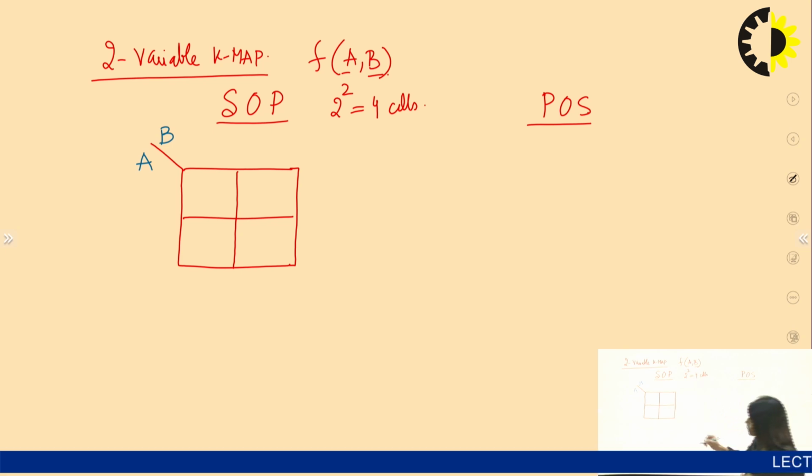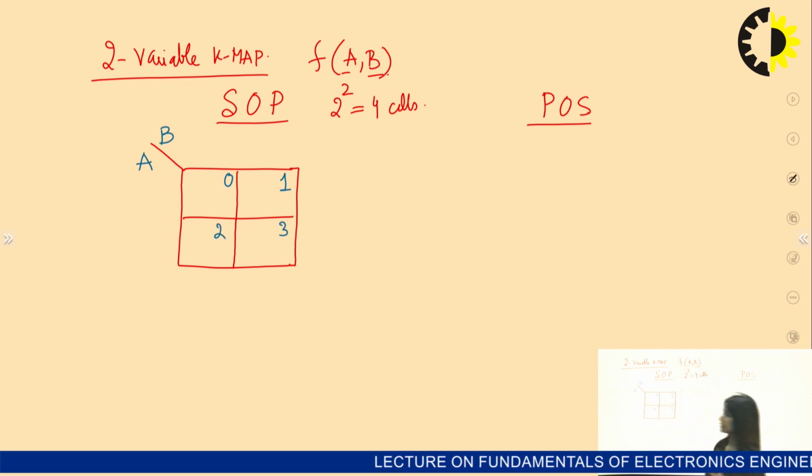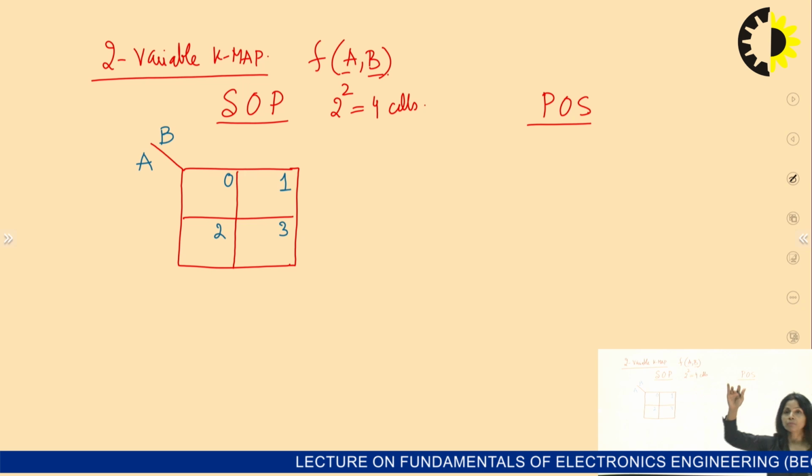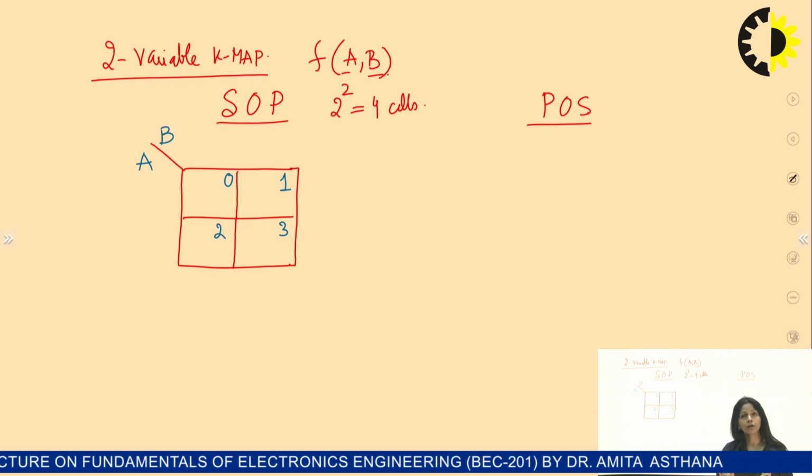Okay, now I will number all these cells. I will count 0, 1 horizontally, then 2 and 3 like this. If I put my first variable down the line, then I will be counting horizontally. This is the key point you have to remember whenever you are making the K-map.